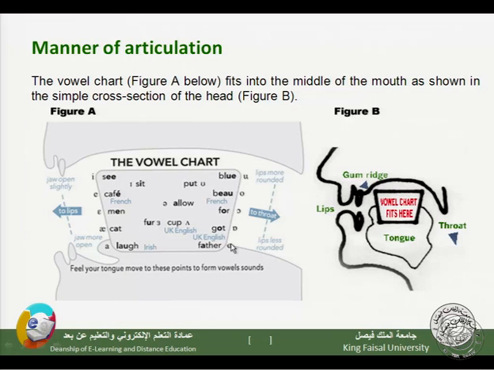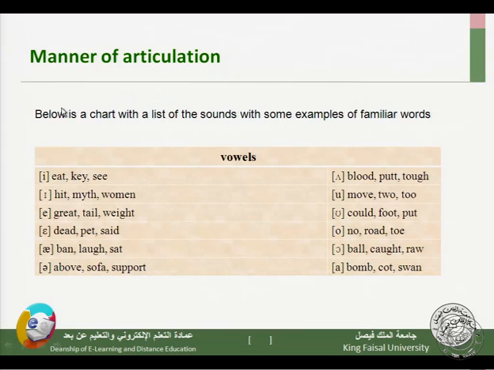Front, back, high, low. Still, as I said, the links I provided may show you an animated position of the tongue. It will be of great help for you to see how these vowels are produced.